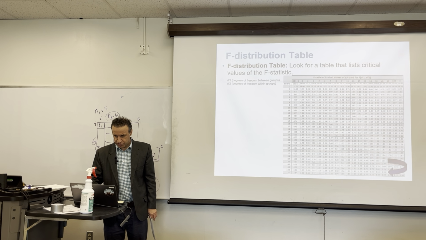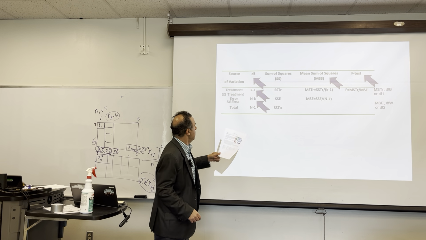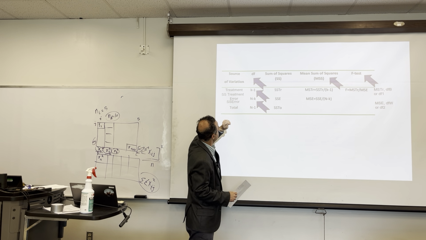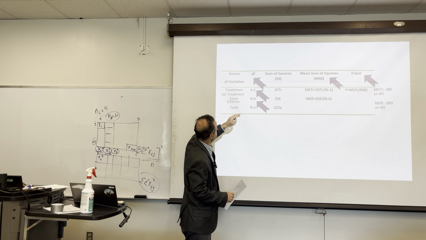So you see this table. This is called the ANOVA table for one way. One way ANOVA. It has source of variation, right? Degree of freedom for each one.